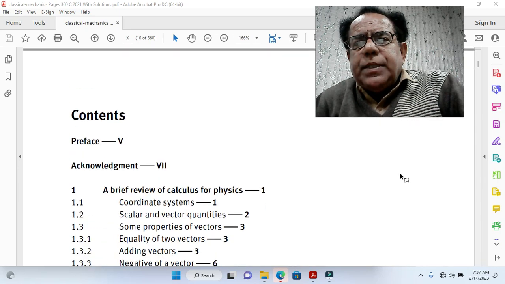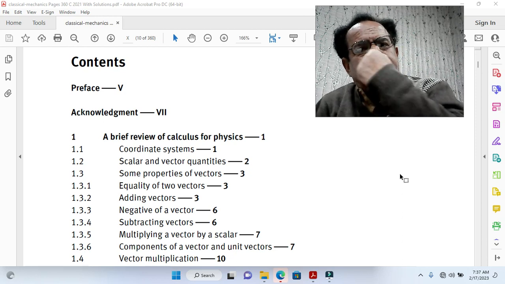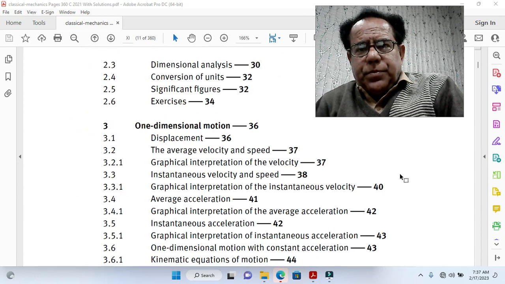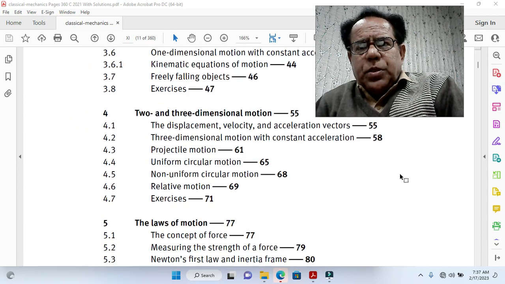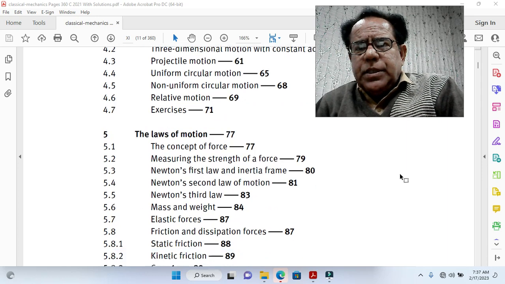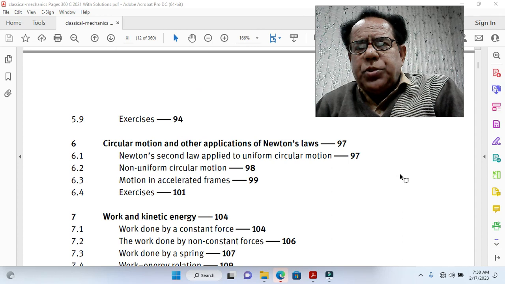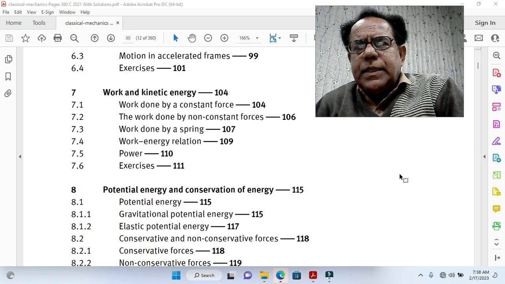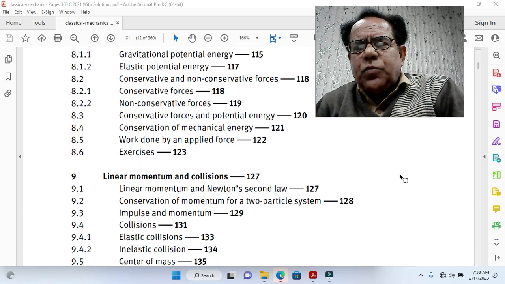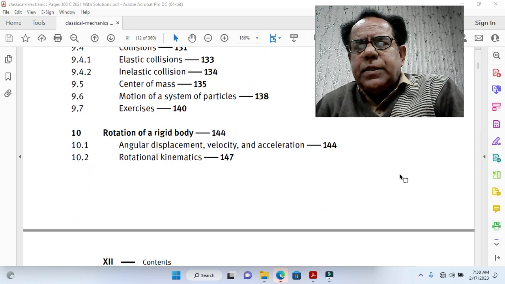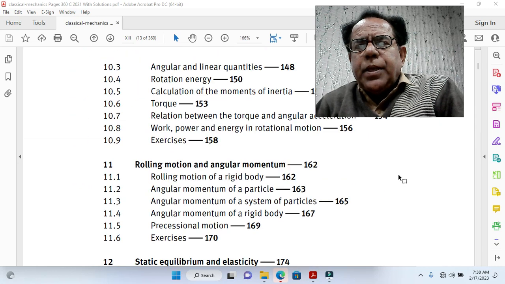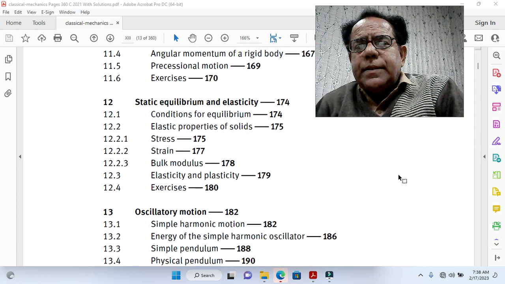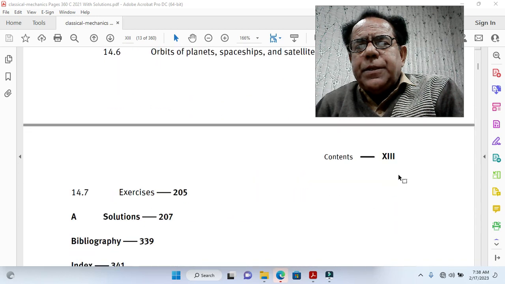Contents. A Brief Review of Calculus, Physics and Measurement, One-Dimensional Motion, Two and Three-Dimensional Motion, The Laws of Motion, Circular Motion and Other Applications of Newton's Laws, Work and Kinetic Energy, Potential Energy and Conservation of Energy, Linear Momentum and Collisions, Rotation of a Rigid Body, Rolling Motion and Angular Momentum, Static Equilibrium and Elasticity, Oscillatory Motion, Gravity.